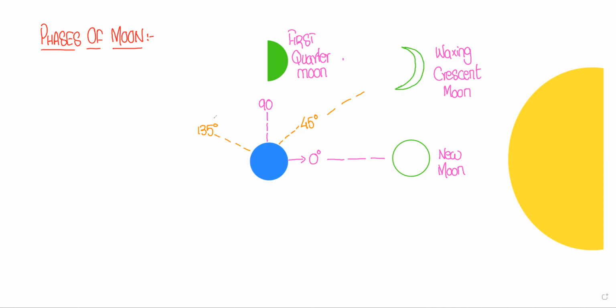Now if we consider 135 degrees, we are observing a new shape of the moon, which is not completely full, but is almost completing the full moon. It is not complete, so it will be in an elliptical shape, not a complete circular shape.